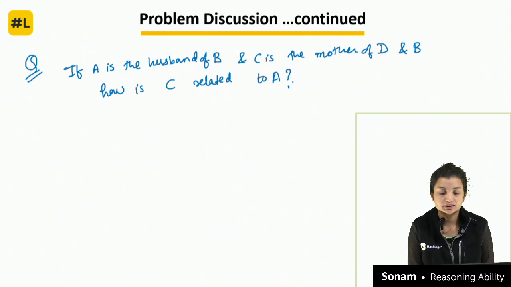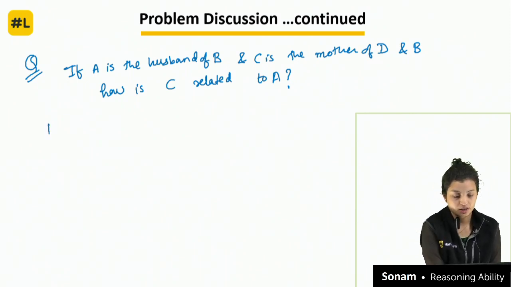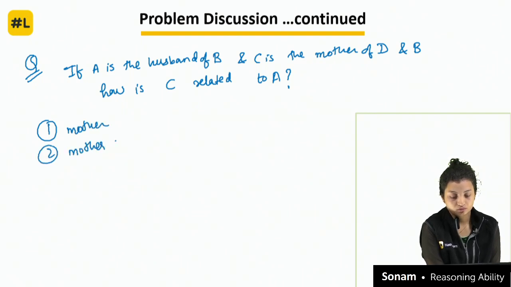If A is the husband of B and C is the mother of D and B, so C is mother of two people, how is C related to A? Options are mother, mother-in-law, daughter, and daughter-in-law.